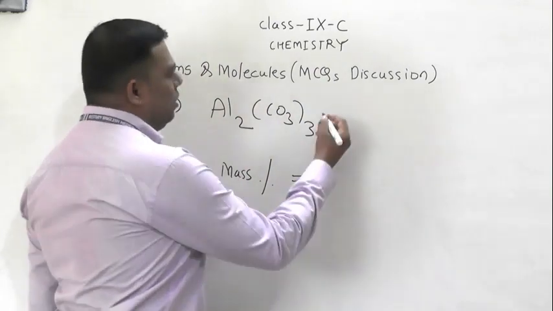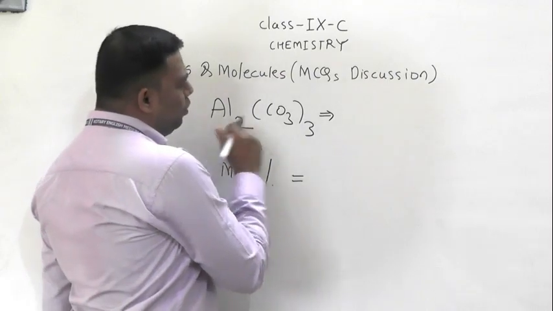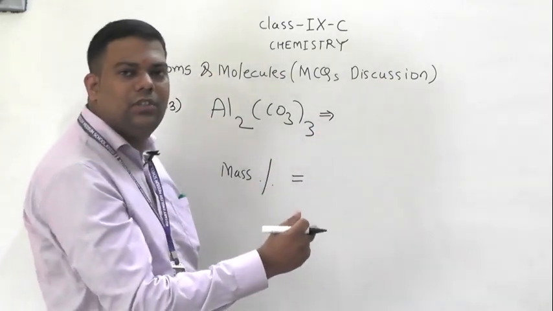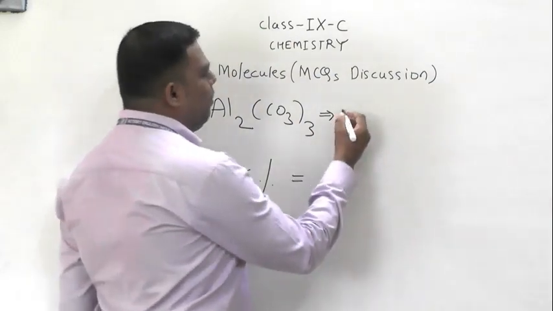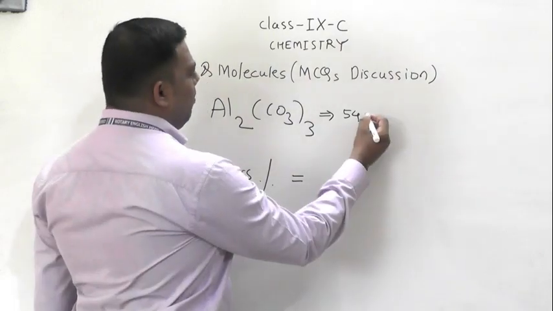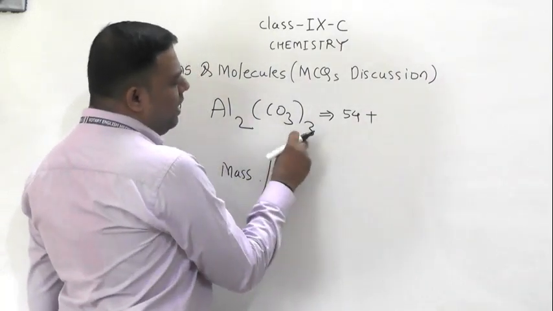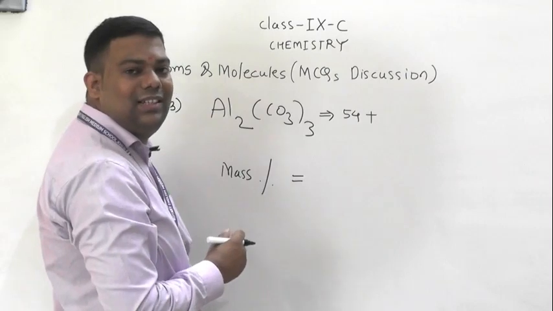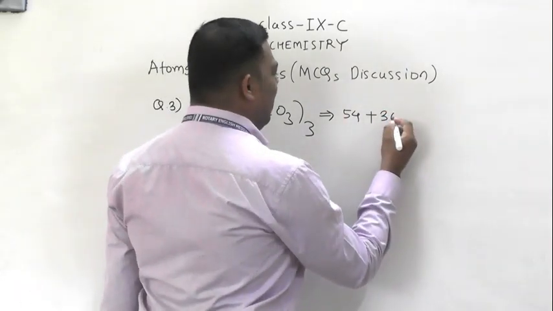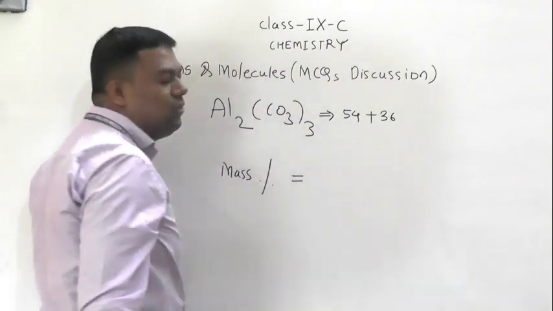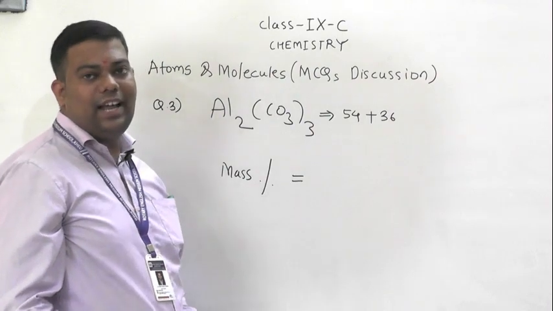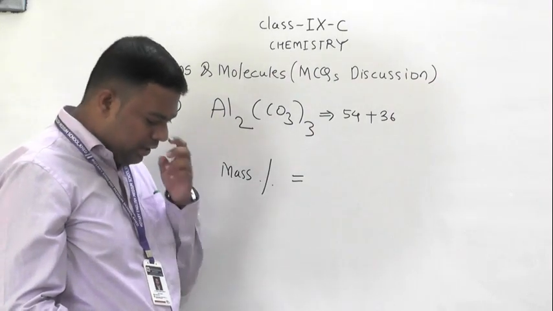First you have to find the molecular mass of this. Al2 here is 54, because 1 aluminum is 27, plus carbon 3 are there. So 12 times 3 is 36, plus here 9.